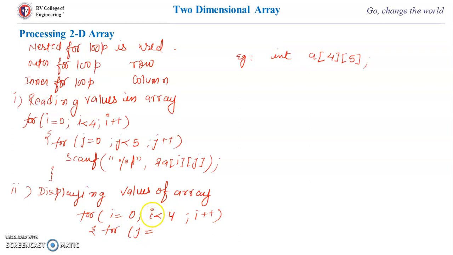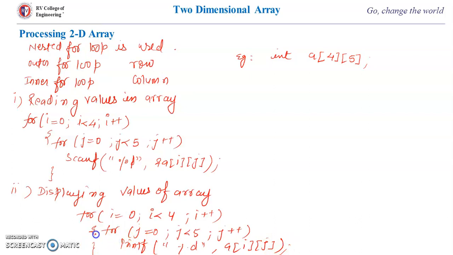So 4 rows we have, so 0 to less than 4 we'll write, and 5 columns, so 0 to less than 5 we'll write. Okay, and then a printf statement, and here %d, a[i][j], and we'll close this curly bracket.